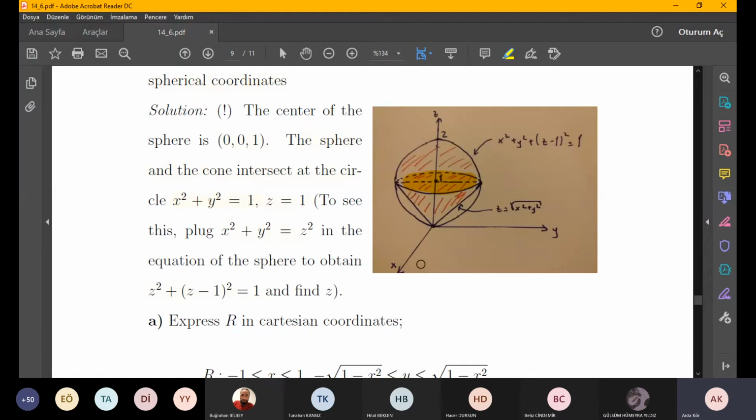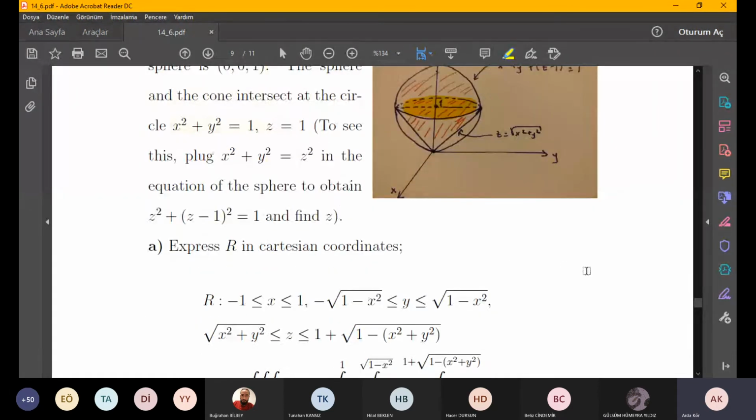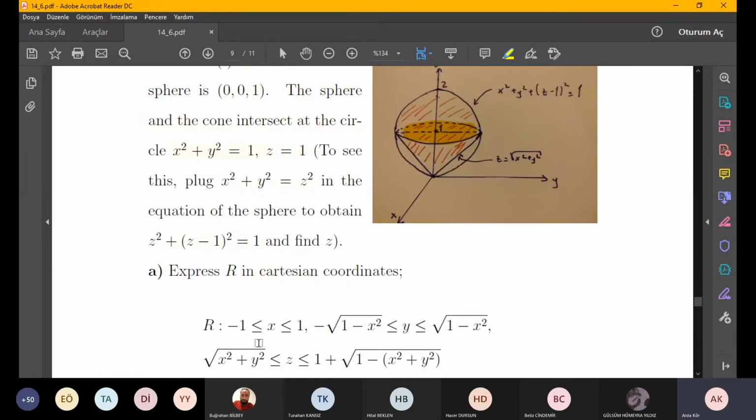And now we can express that region R in Cartesian coordinates. If you project that circle on the xy plane, you can see the boundaries for x and y.